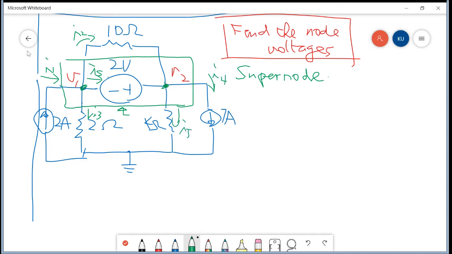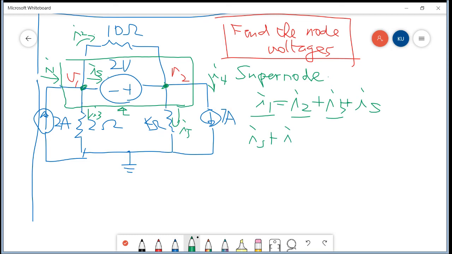Okay, so for the left-hand side node, I1 is going inside node 1, and I2, I3, and also IS are going outside. So we can write like this. Of course, we can write the expression of I1, I2, and I3, but we are not able to write out IS.